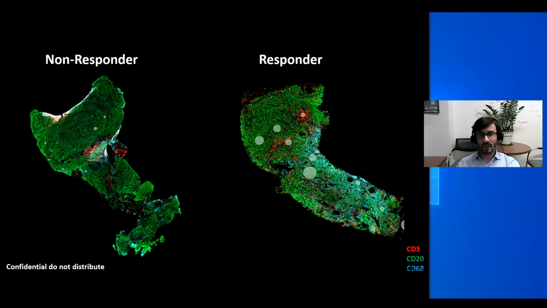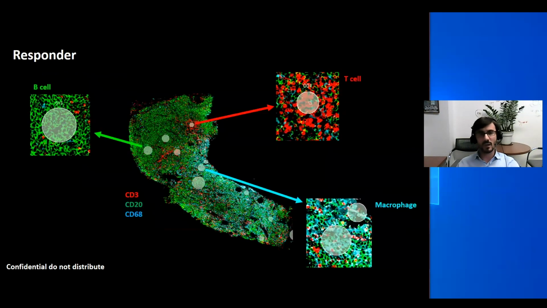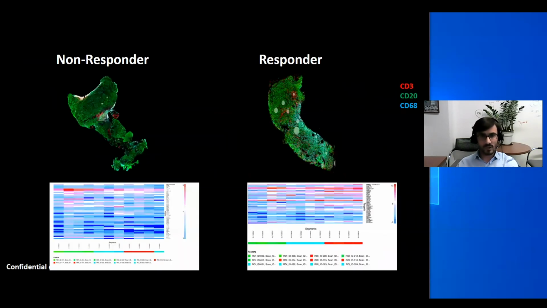Then we can take one of these patients and zoom in on the different T cells, B cells, and macrophages and look at the protein expression. Again, this is still in the early phase of development, but you can clearly see that there are differences in the expression of these factors in the different clusters, and potentially differences in patients that are either responding or not responding to CAR-19 therapy.